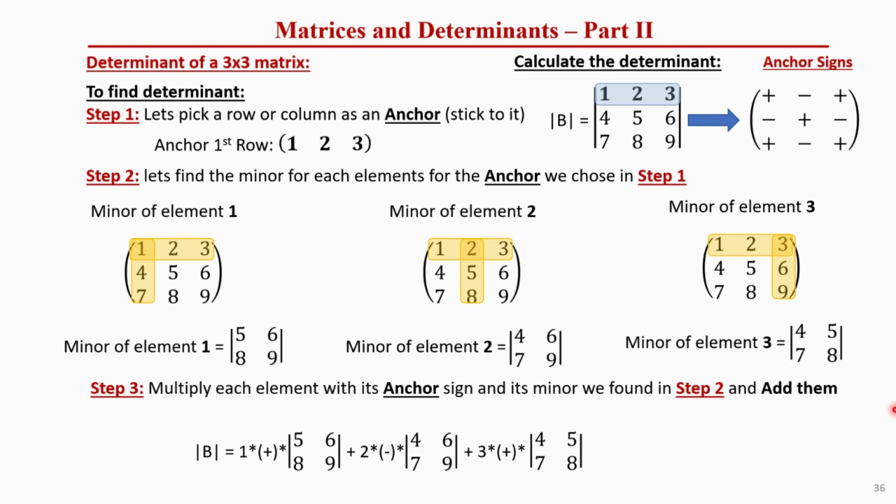And we have the last term that is for element 3. So we multiply element 3 with its anchored sign, which is again plus. That can be seen from the top right. And multiplied by the minor of element 3. And we add them all together.